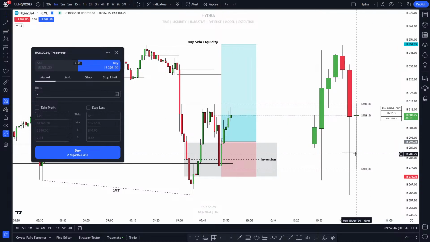This 50-minute closing above the consequent encroachment. So the whole narrative is working very nicely.